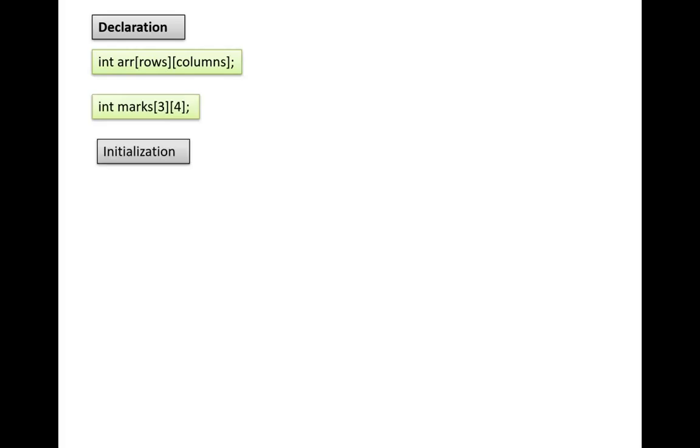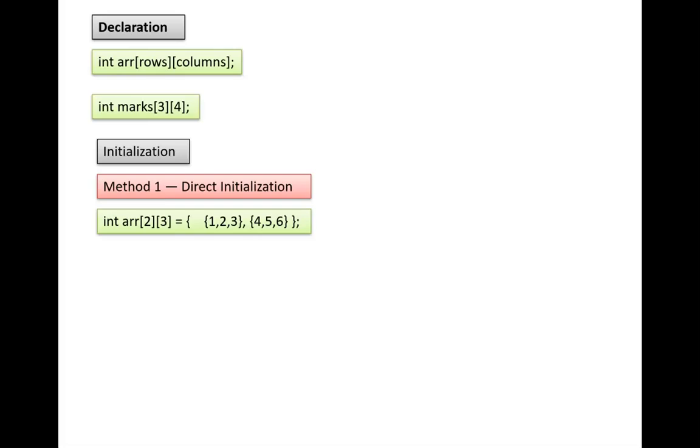Now, let us learn how to initialize the two-dimensional array. So how should I declare? I should declare with the data type, followed by the array name, followed by the row size and the column size. So this is an example declaration. Now the question is, how should I initialize my 2D array? There are 2 types of initialization. Look at method 1. It's called direct initialization, where I directly initialize the data items of the array, the rows.